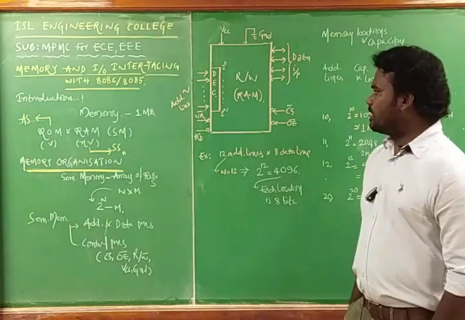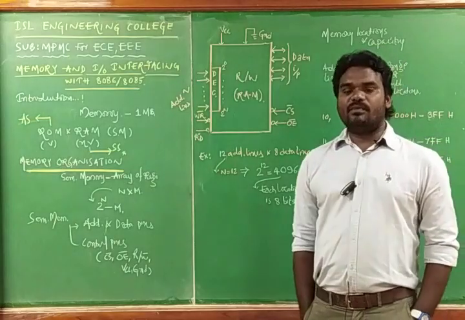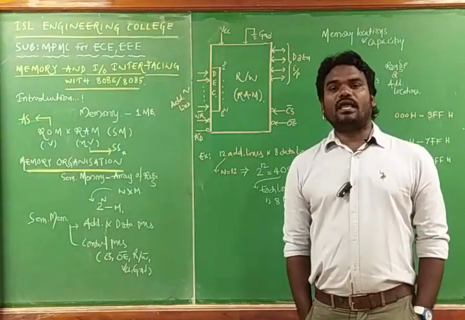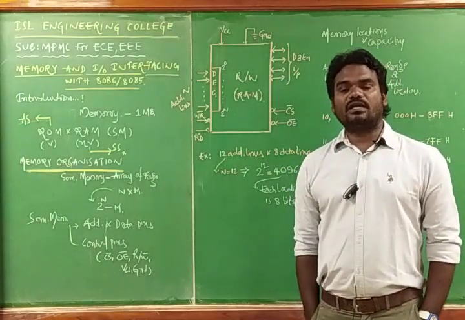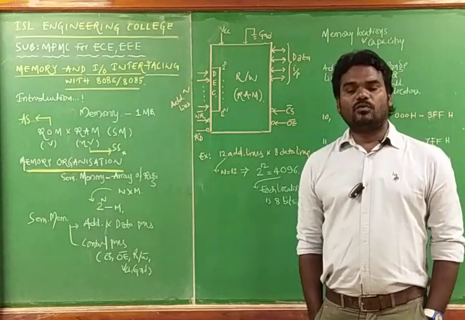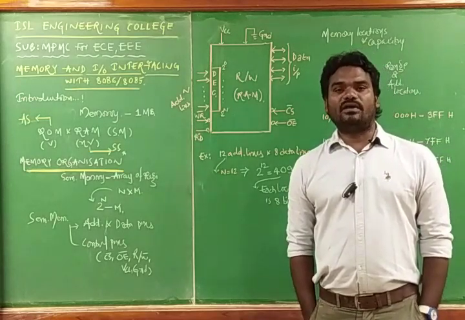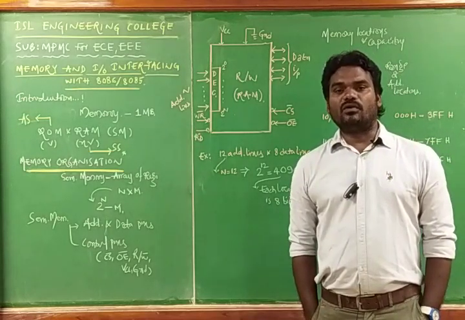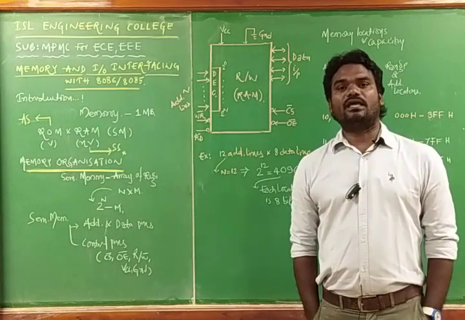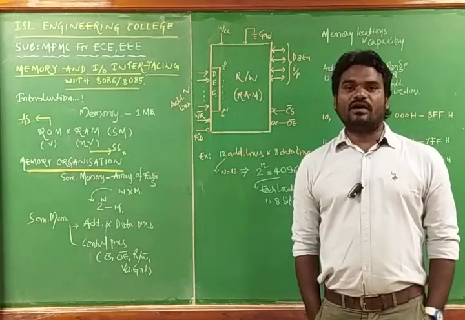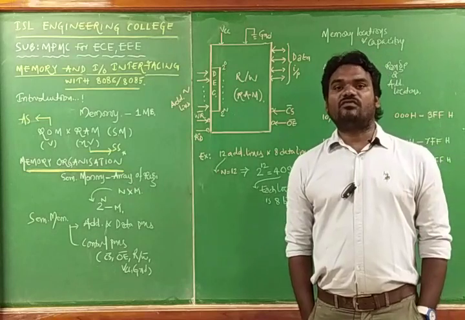The 8086 can be interfaced with a maximum of 1 megabyte of memory, because its 20-bit address lines can define a memory capacity of 1 megabyte.